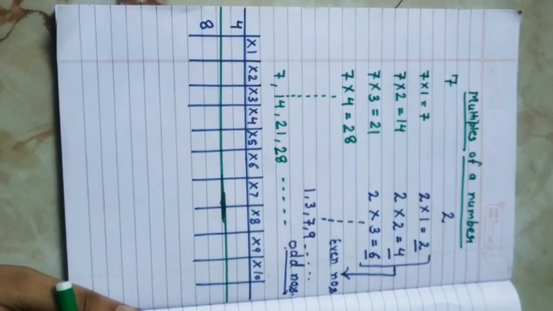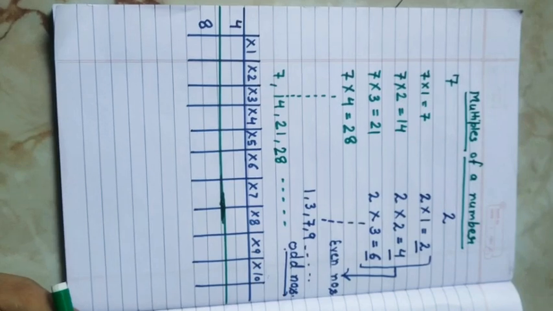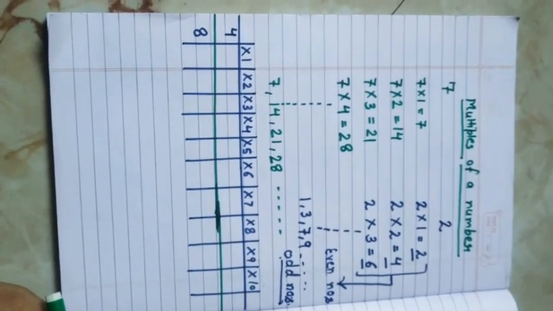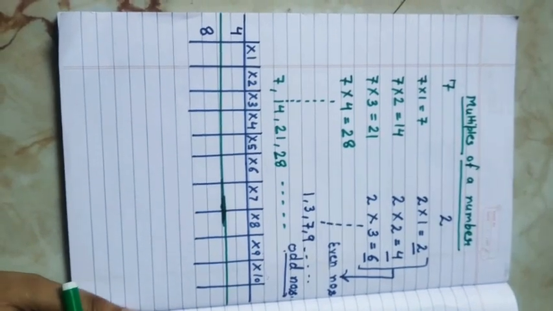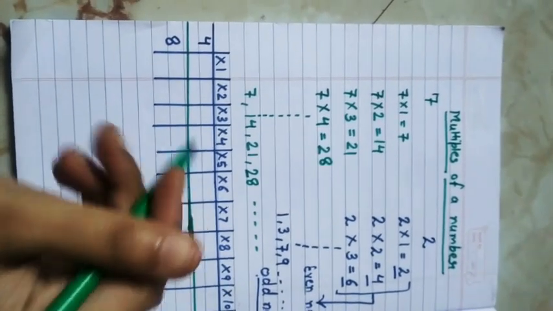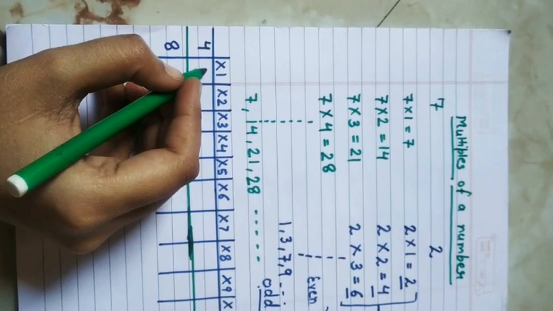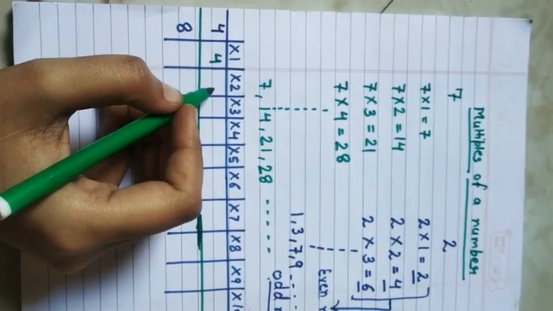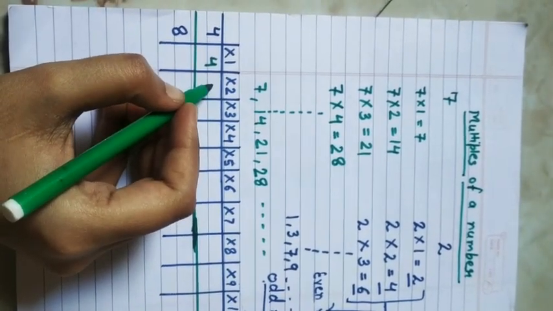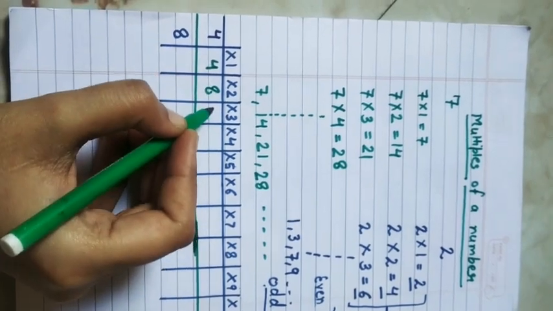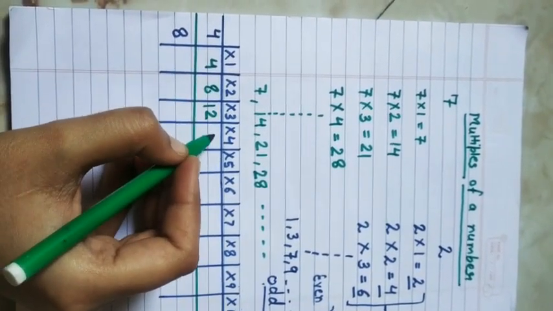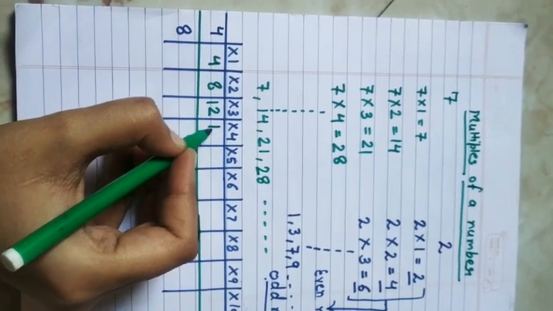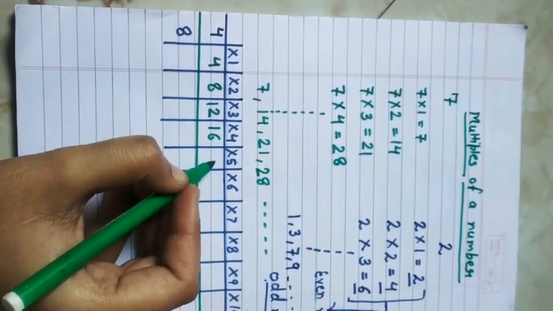So students, let's find the multiples of 4 and 8, which is very easy. We just have to multiply and write down the tables. So 4 times 1 will be 4. 4 times 2 will be 8. 4 times 3 will be 12. 4 times 4 will be 16.